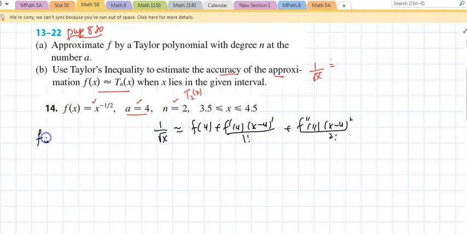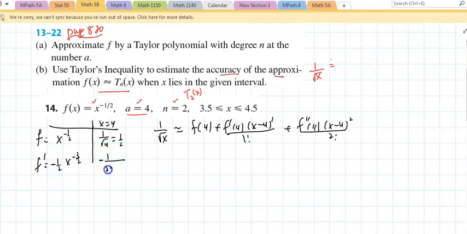So if I say f equals x to the negative 1/2 evaluated at x equal 4, this is 1 over the square root of 4, that's 1/2. And if I take the derivative, that's negative 1/2 x to the negative 3/2, that's negative 1 over twice the square root of 4 cubed. That is, 2 cubed is 8, so that's 16.